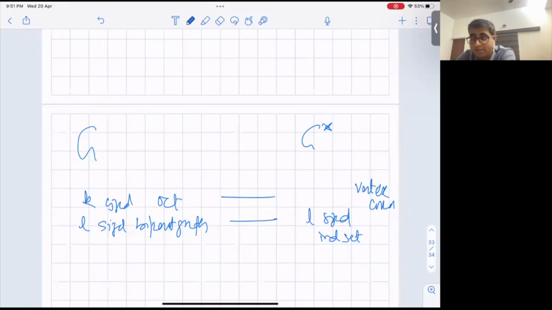It does not preserve the size of OCT, because it can only preserve one object if I just double the graph.